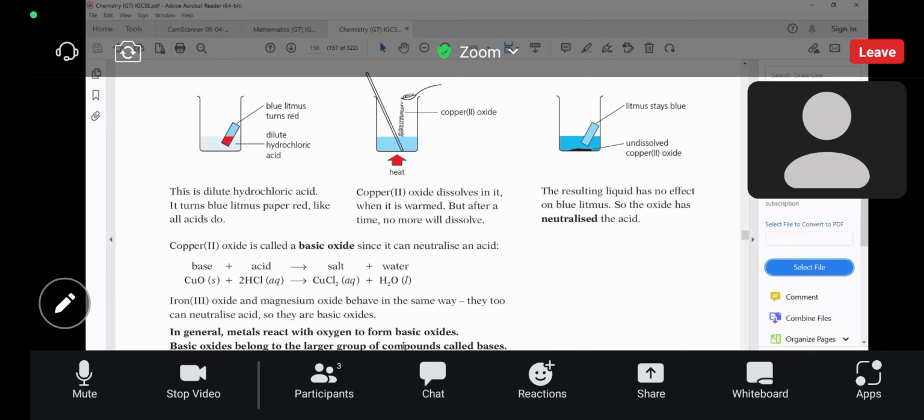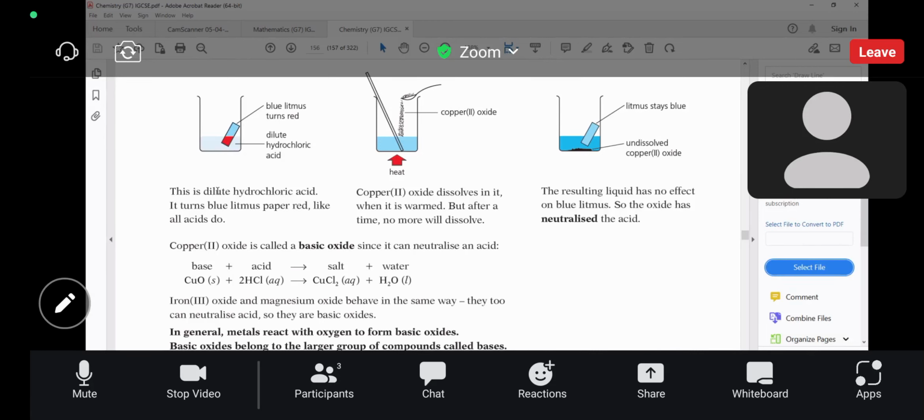CuO will give Cu2+ and O2-, and here HCl will become H+ and Cl-, and this Cu2+ will react with Cl-, and the O2- will react with H+. Now tell me, Cu2+ with Cl- in a 1 to 2 ratio will produce CuCl2, and the H and oxygen give H2O. Okay, right. This is the practical.